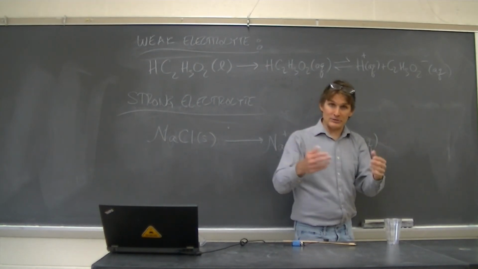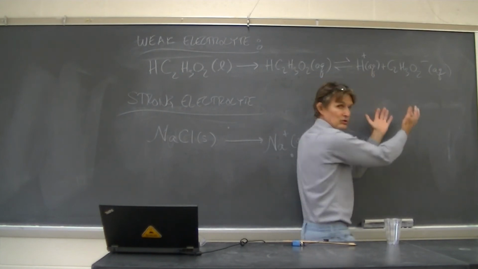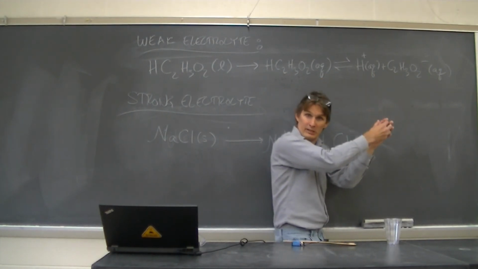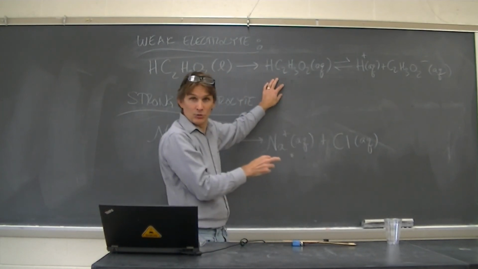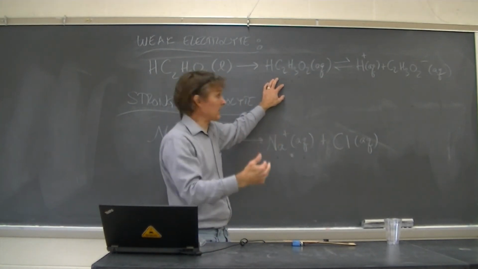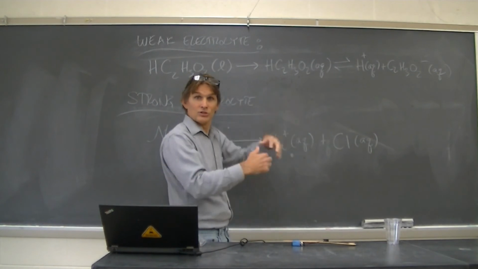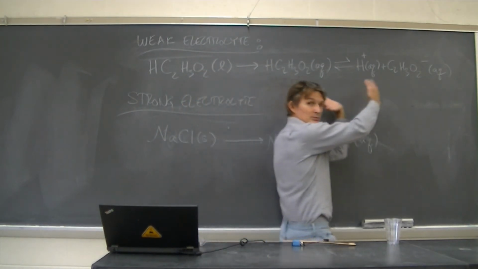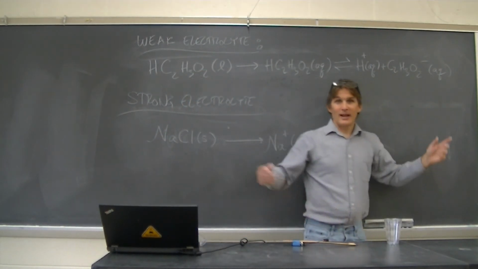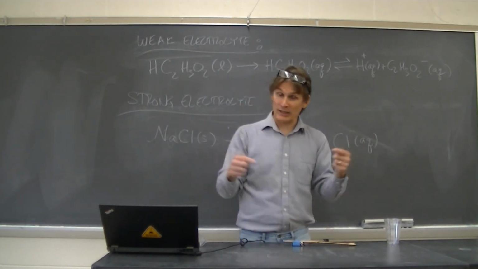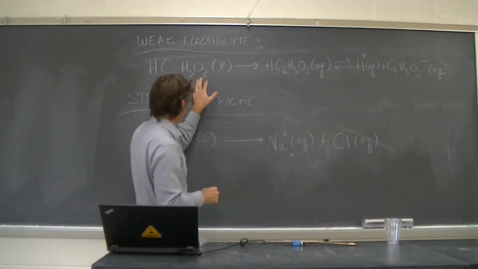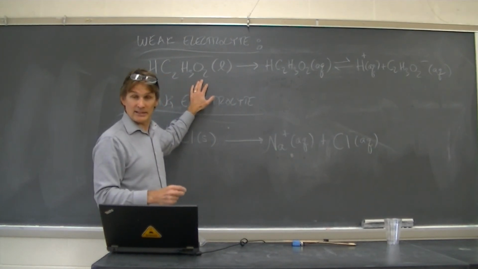Now what actually happens in solution is that some of these dissociated ions recombine and make the intact molecule. But at the same time, some of the intact molecule dissociates and forms the individual ions. And this reaction happens in both directions simultaneously when you dissolve acetic acid in water.